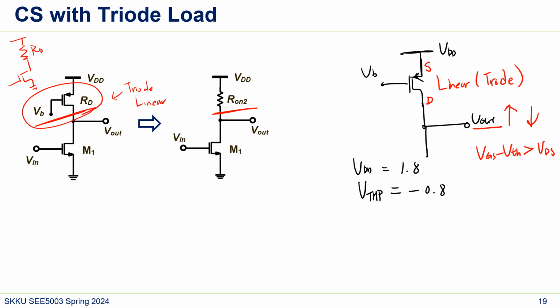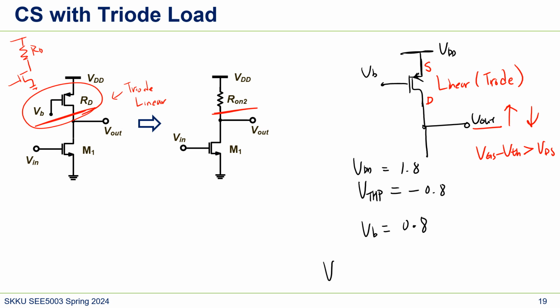So let's calculate the VGS in PMOS terms. Here VGS minus VTH. Well, okay, we need a value for this VB. Let's say VB is, because VTH is here, let's say 0.8 volts, okay?